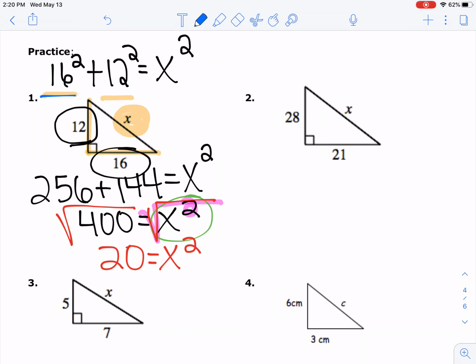Okay, 16 squared is 256, 12 squared is 144, 256 plus 144 is 400. 400 equals x squared. So I need to take the square root of 400, which is 20. So x equals 20. Okay? You're going to be practicing this in an IXL.